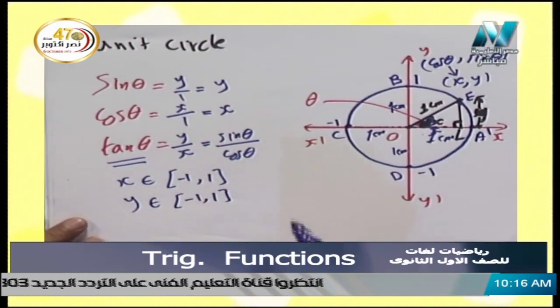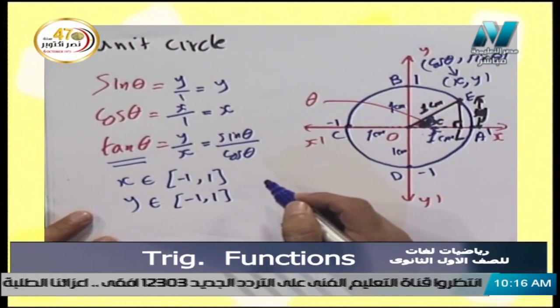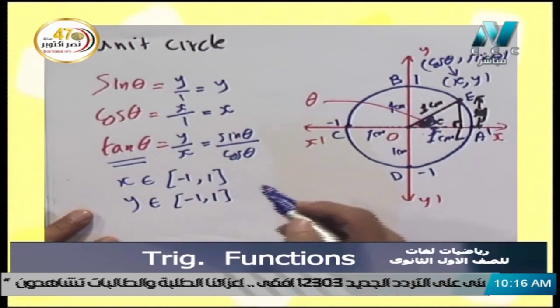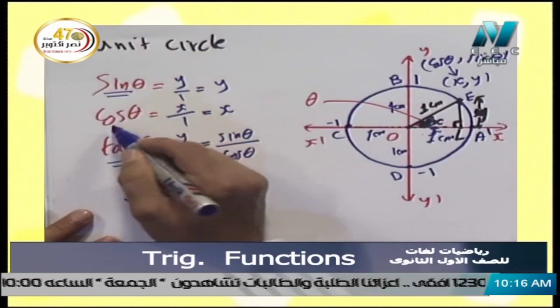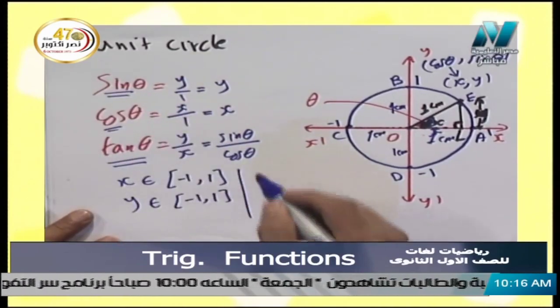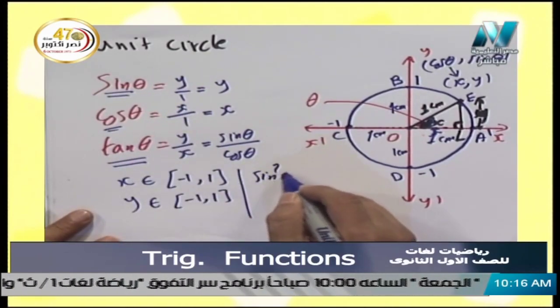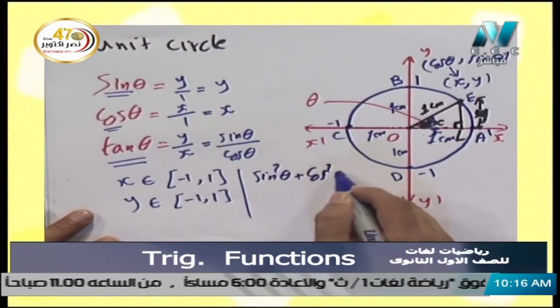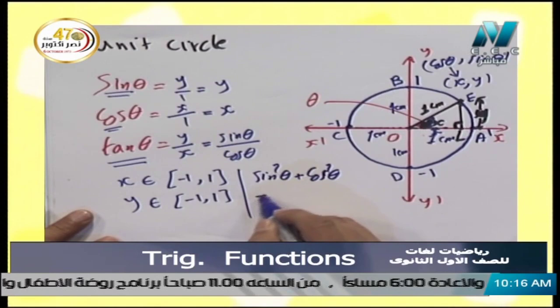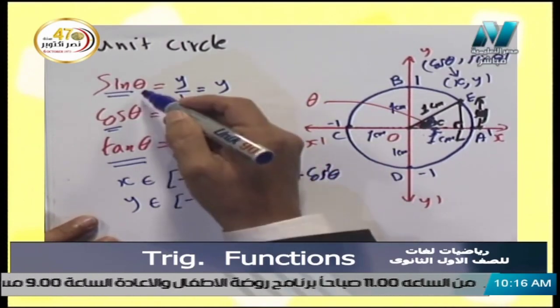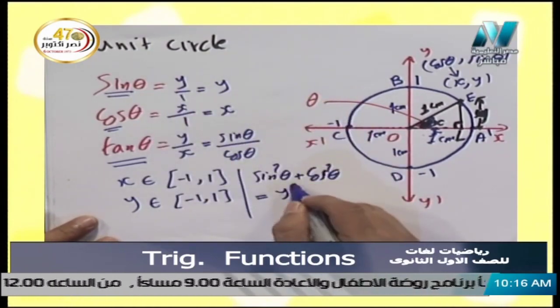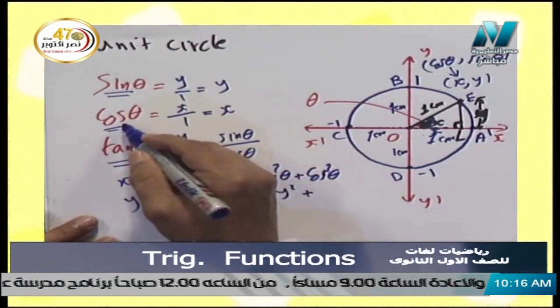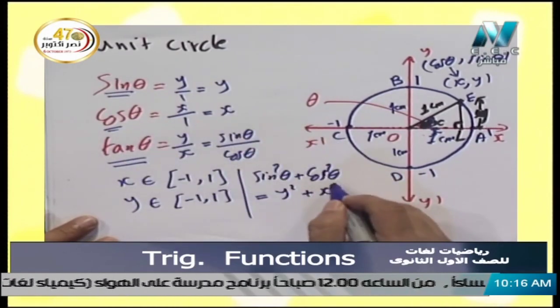Okay, and we will deduce that if we find sine power 2 theta plus cosine power 2 theta, sine power 2 theta equals y power 2, and cosine power 2 theta equals x power 2.